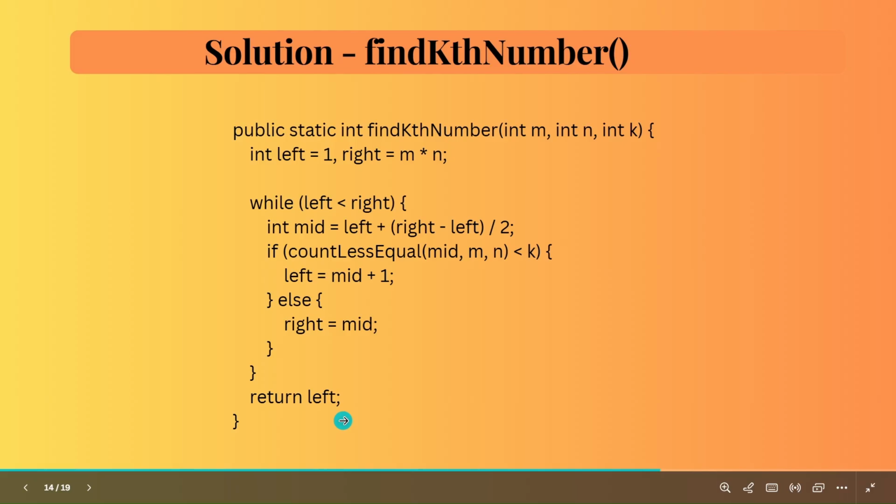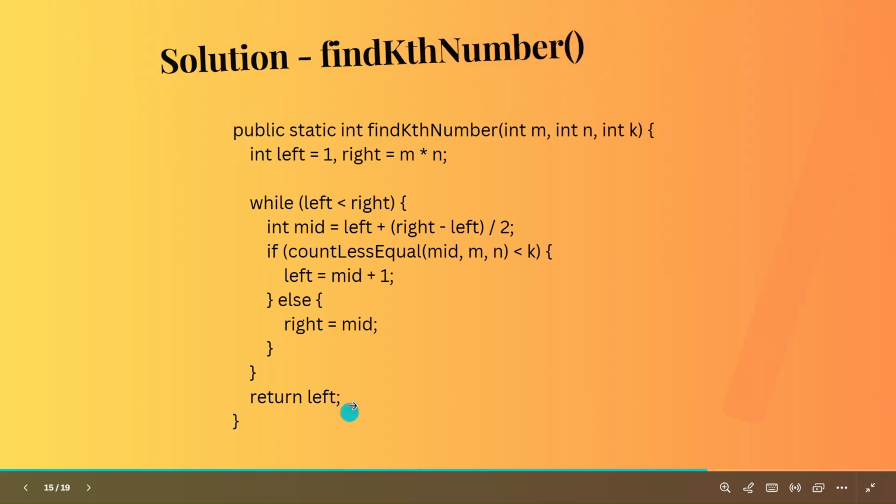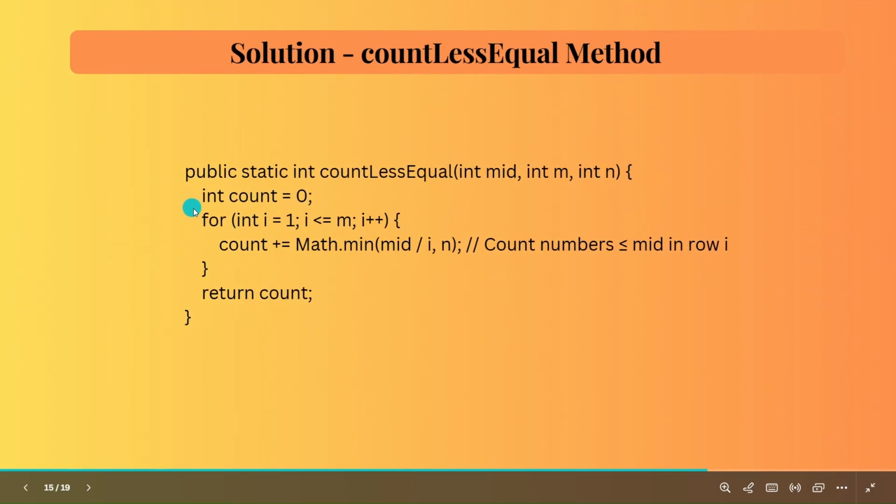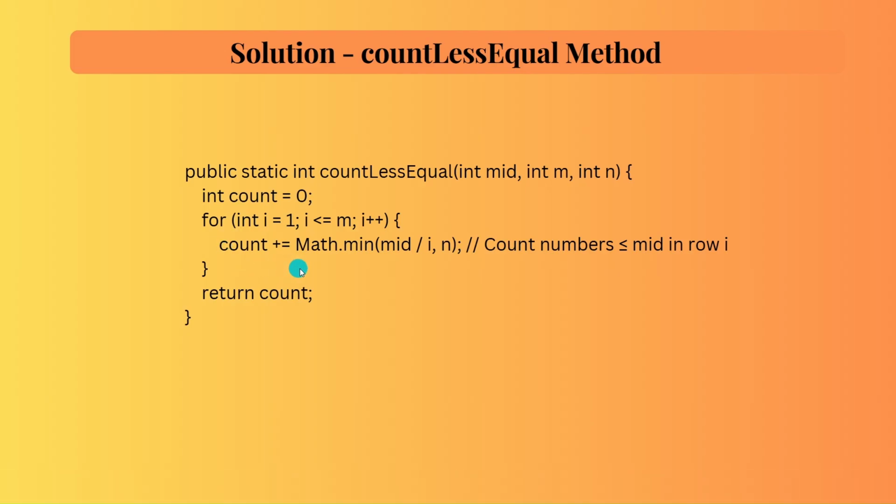In the count less equal method, we will be adding the count, which is equal to math.min of mid divided by i, comma n. Here the min function is used, and I will explain why the min function is used with an example. Let us consider a multiplication table where the number of columns is 3 and the number of rows is 33. In this case, the dimension of the multiplication table is 3 cross 33.